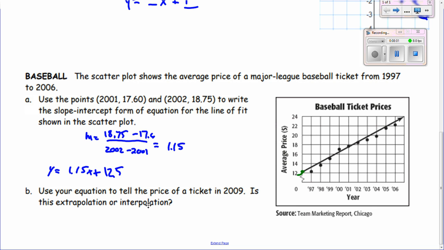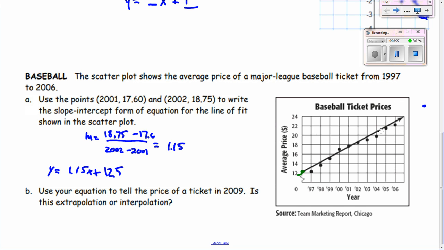Use your equation to tell the price of a ticket in 2009. Is this extrapolation or interpolation? Okay, so anytime you are going outside of what your data set is, so 2009 would be way out here, that would be extrapolation because you are doing extra points. If it's interpolation, it would want to know, like, in the year 2002, what would it be?